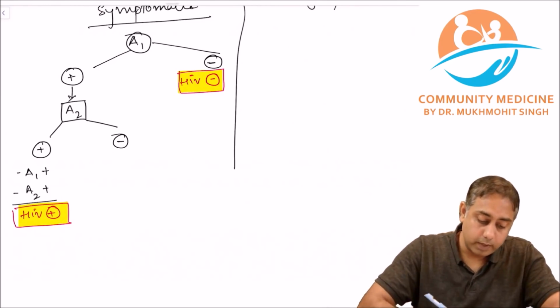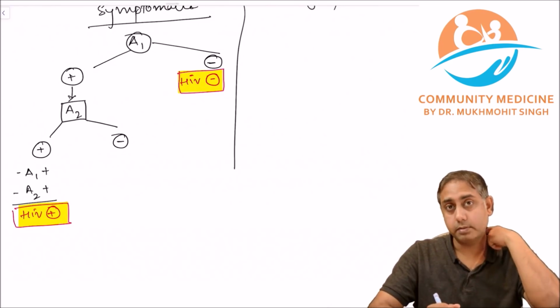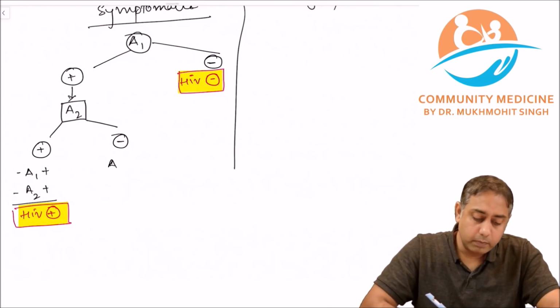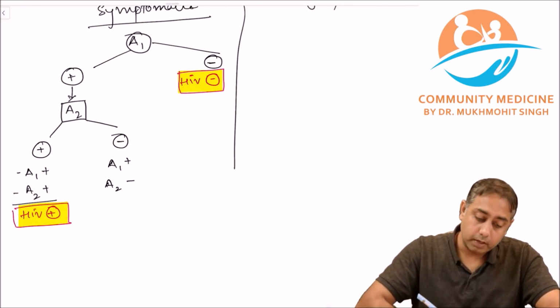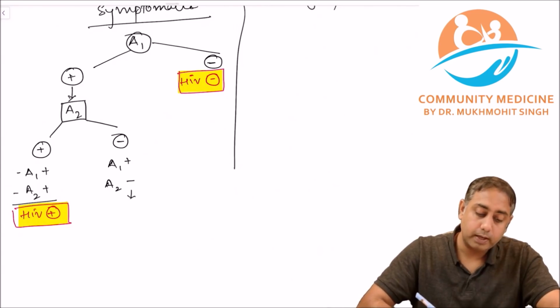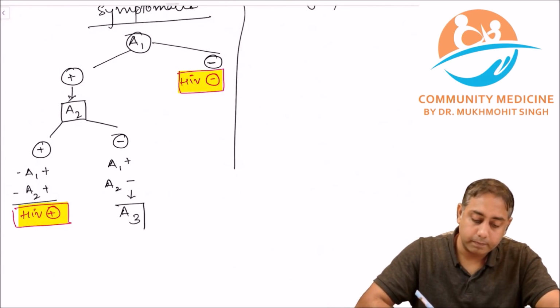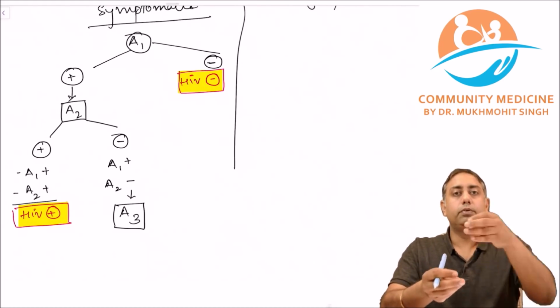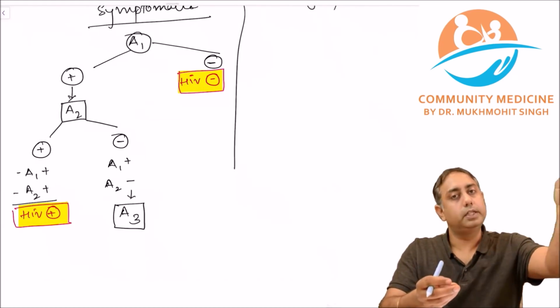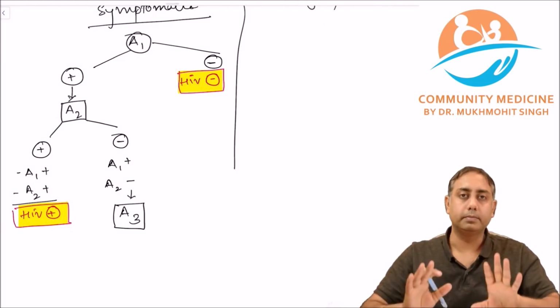Now in case A2 is negative, so that means A1 was positive, A2 is negative. Now we are supposed to do another test that is A3. So please remember, you do the first test. If it is positive, you do the second test. If it is positive, HIV. If it is negative, do A3. Simple.